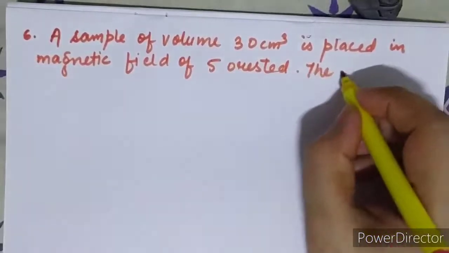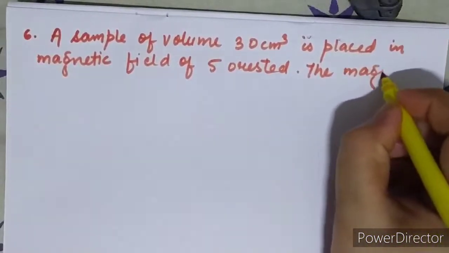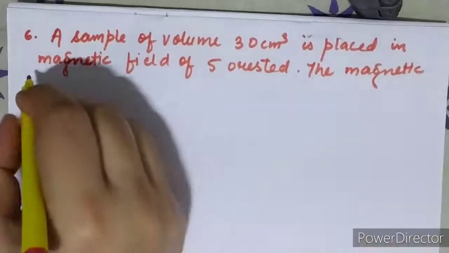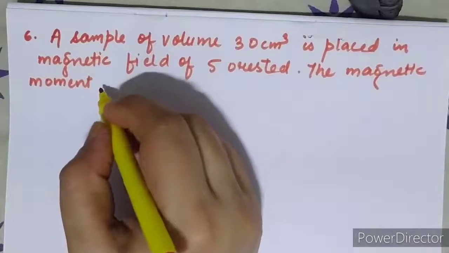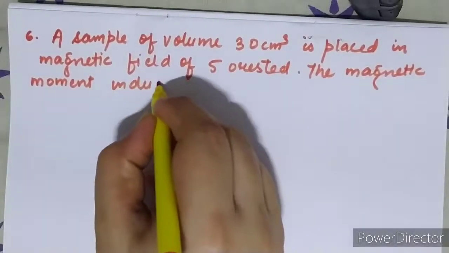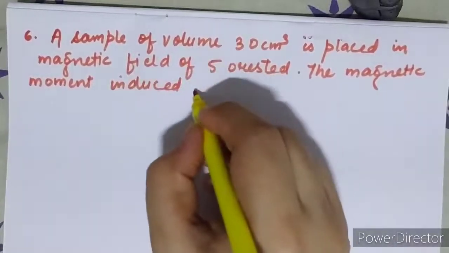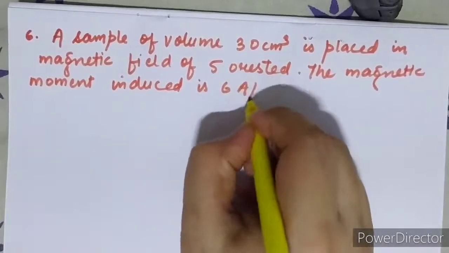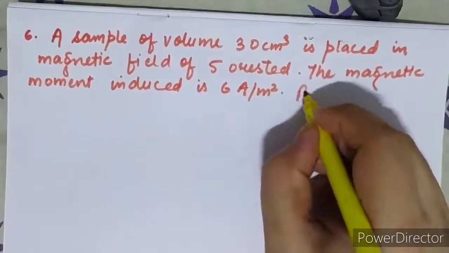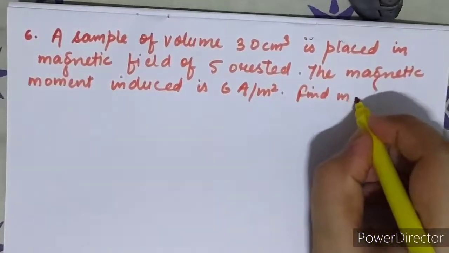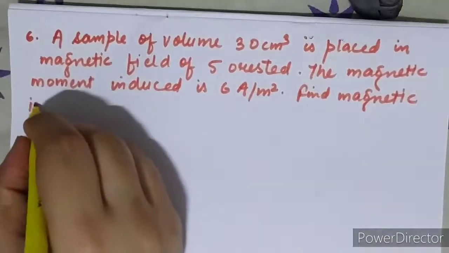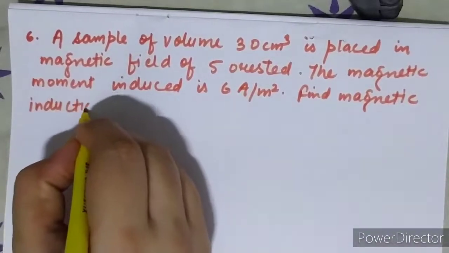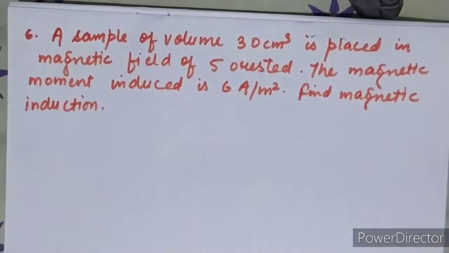The magnetic moment induced is 6 ampere per meter square. Find the magnetic induction. This is your question number 6.